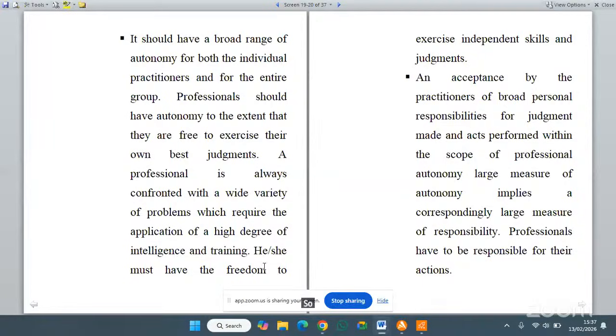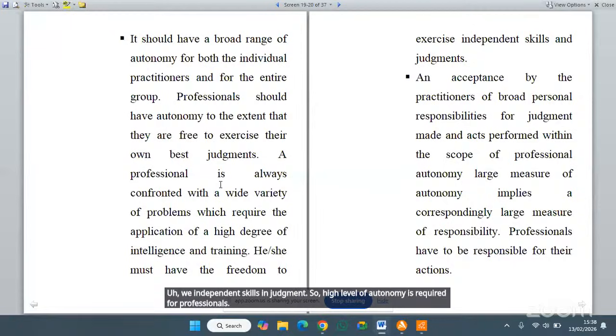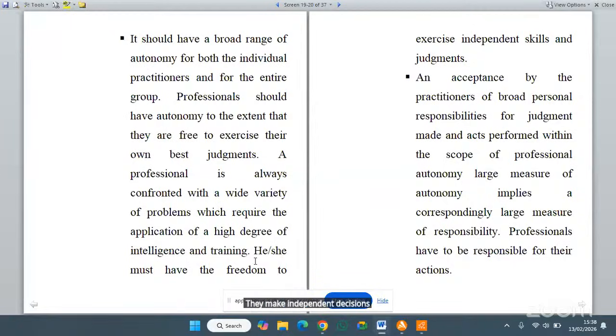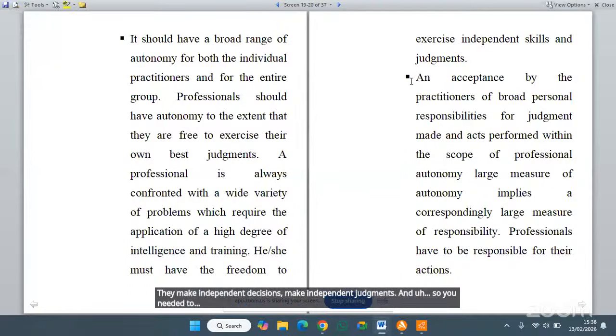So one must be able to exercise the freedom of independent skills and judgments. So a high level of autonomy is required for professionals. They make independent decisions, make independent judgments. And so you need to develop independence of decision making if you are to be a professional teacher.